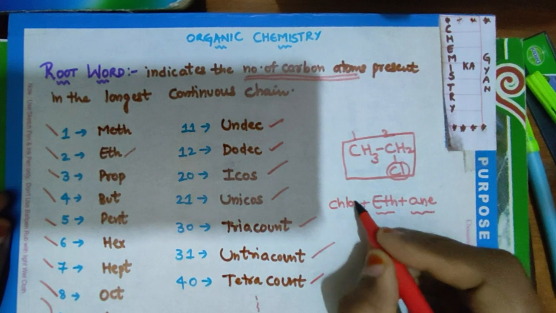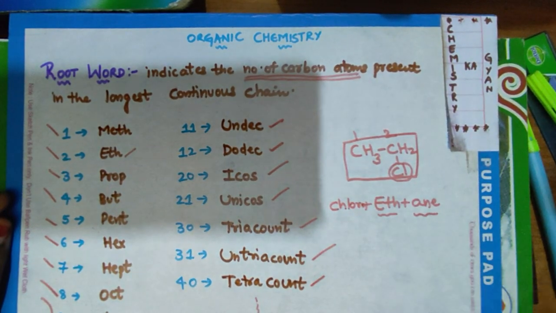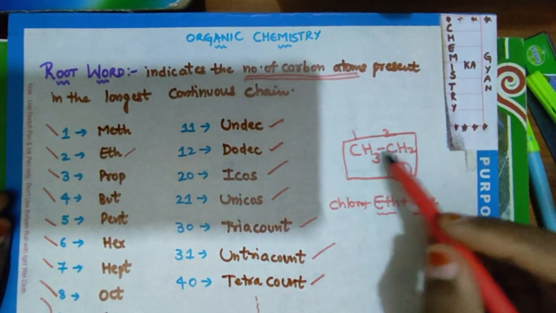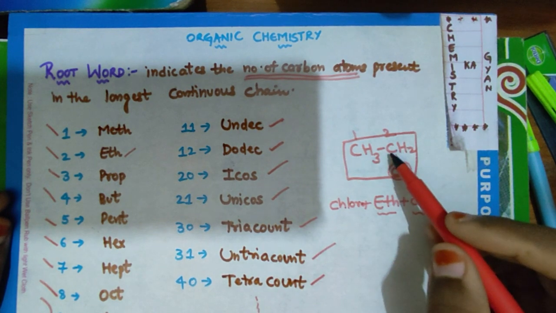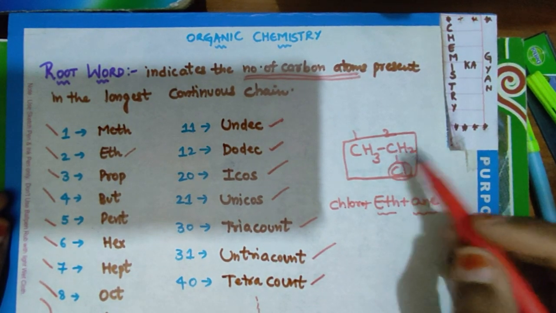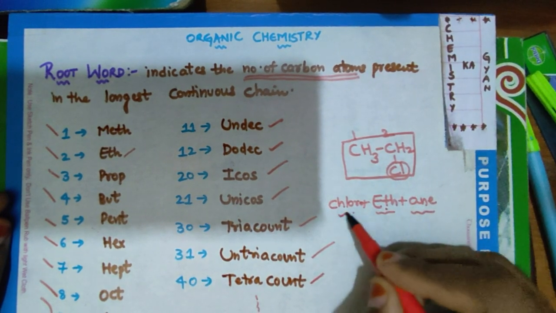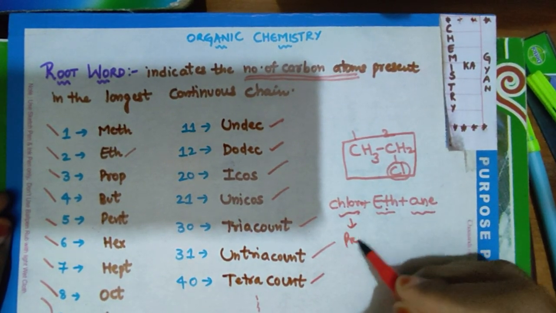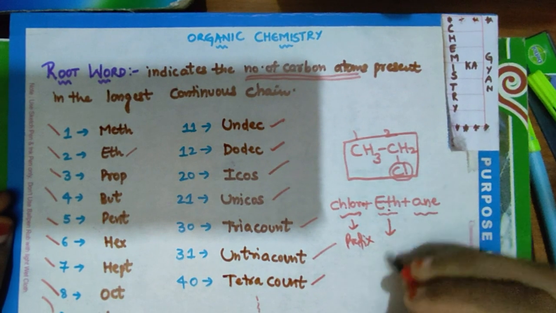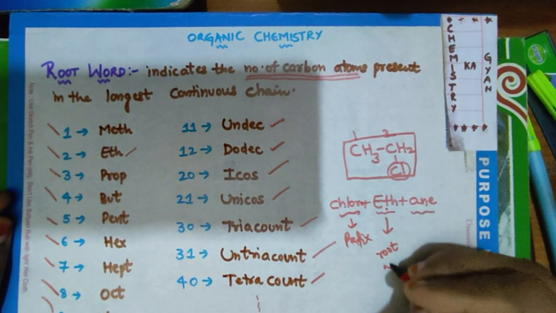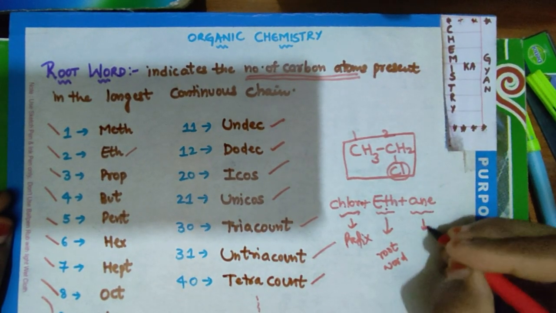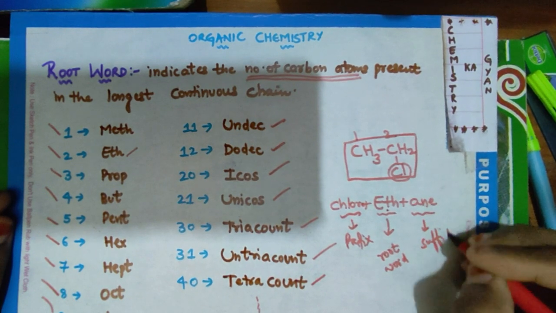Chloro. As there are only two carbons, there is no need to specify the place. You can write chloroethane. So this is the prefix, this is the root word, and this is the suffix.